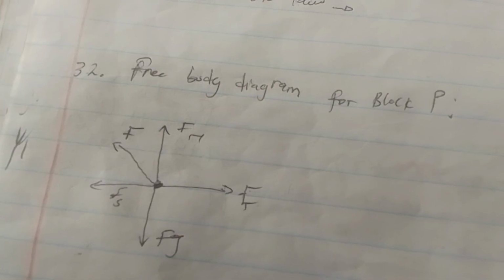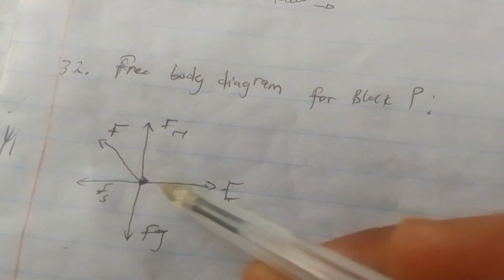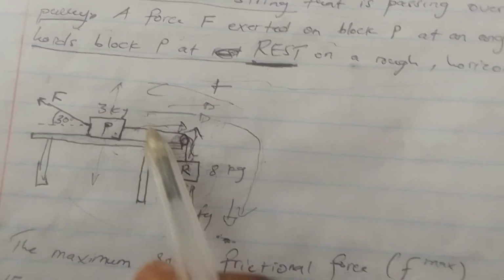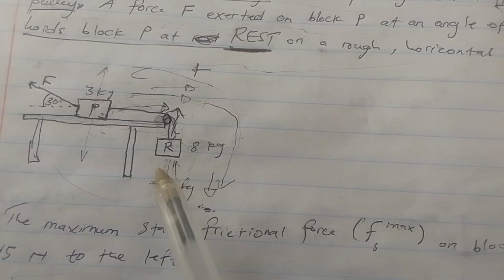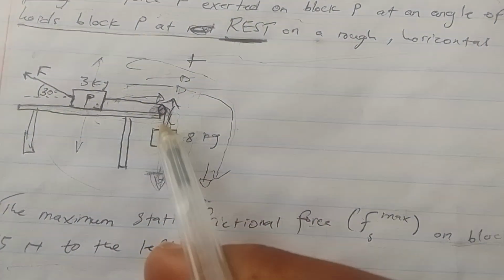Let's look at our free body diagram for block P. Let me explain about the tension. You can see this rope is connecting block P and R, so there is a tension force here.